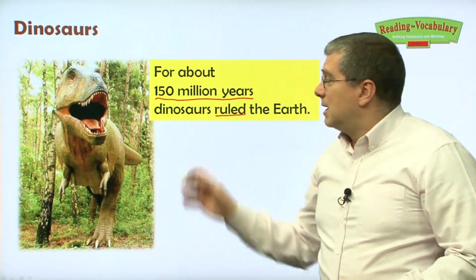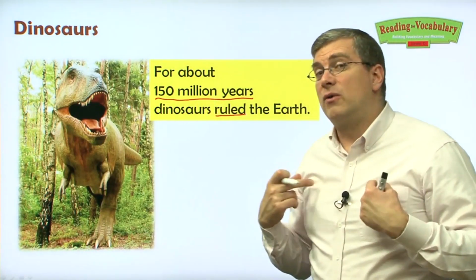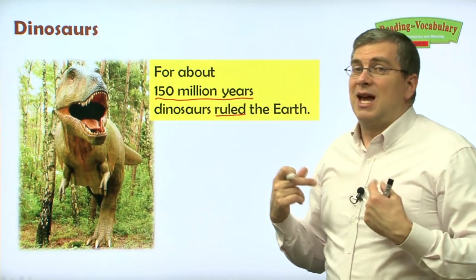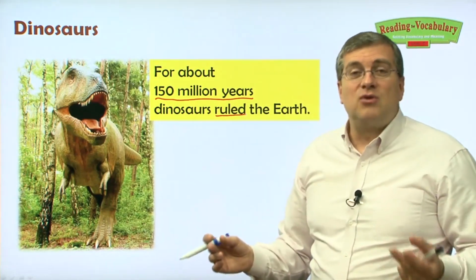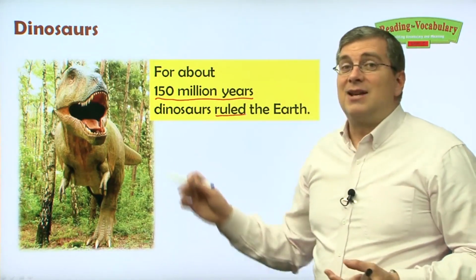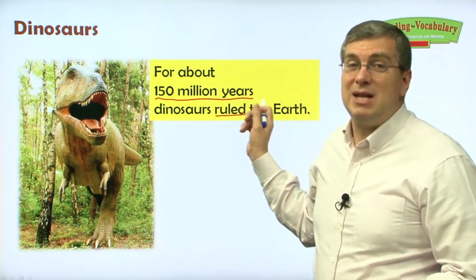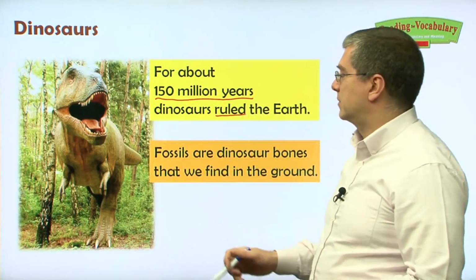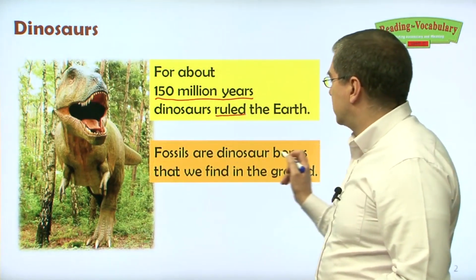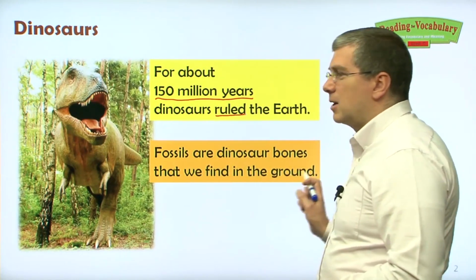By the way, that's something that they have over us. Human beings have only ruled the earth for about a couple hundred thousand years, right? Dinosaurs, 150 million years. That's a really long time. Okay, what else can we say about dinosaurs? Fossils are dinosaur bones that we find in the ground.